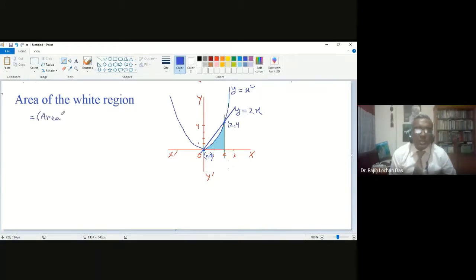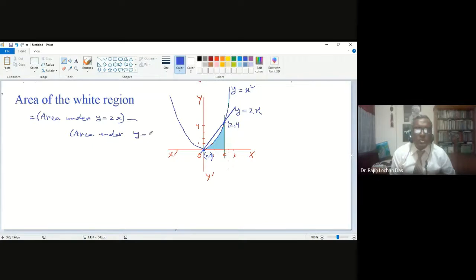So you can say area under the curve y equal to 2x, minus area under the curve y equal to x square.